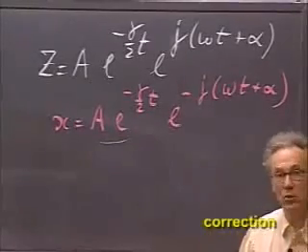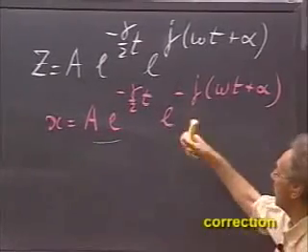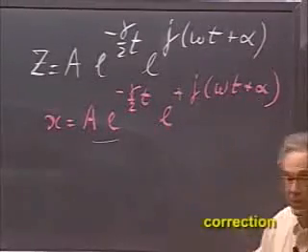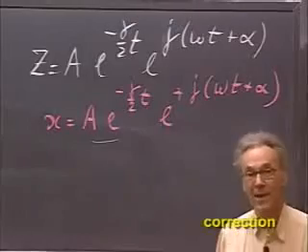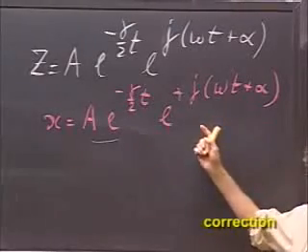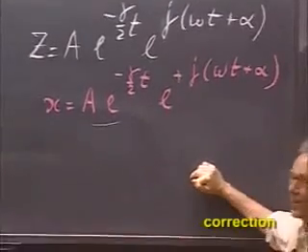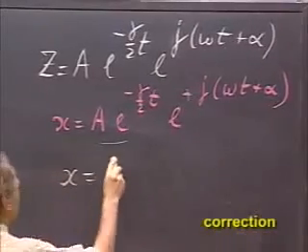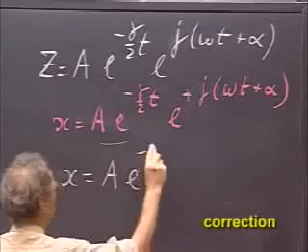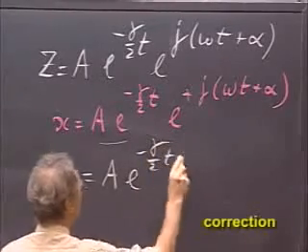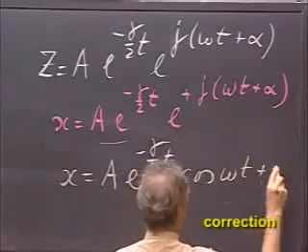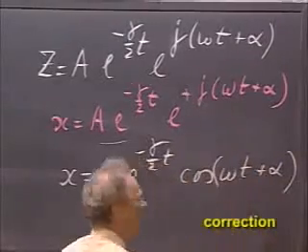Now, first of all, there should not be a minus sign in front of the j. That's not a major problem. But I do not take it out of the complex plane. I leave it in the complex plane. So, clearly what I should have written, which is what I will do now, x equals a times e to the minus gamma over 2 times t times the cosine of omega t plus alpha. Now, we are in the real world.